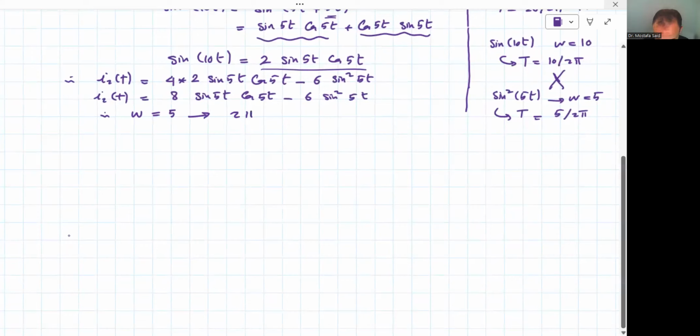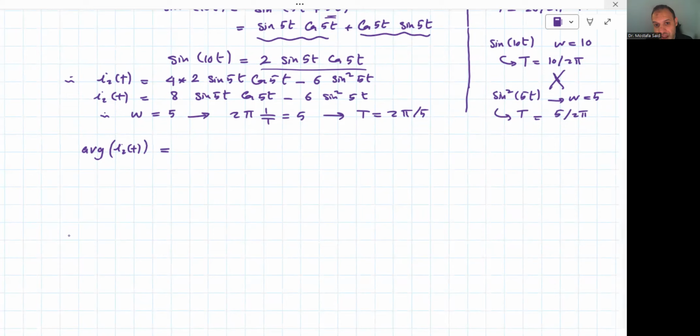And from that, 2 pi over T equals 5, so T is equal to 2 pi over 5. So we can now apply the average. The average of I2 of t equals 1 over T, 1 over 2 pi over 5, which is 5 over 2 pi.